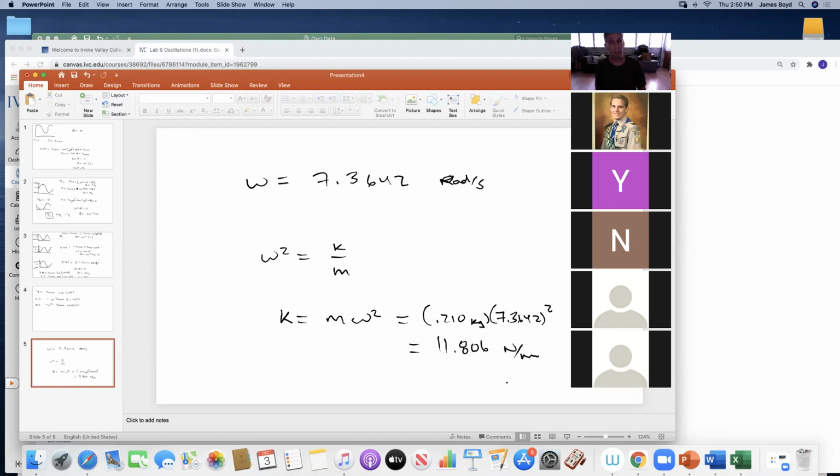That's pretty close to what you should have found for k when you did your spring lab. Pretty amazingly, or not. So the spring constant on this can be found simply from omega, which only depends on the period, right? Because omega only depends on the period.